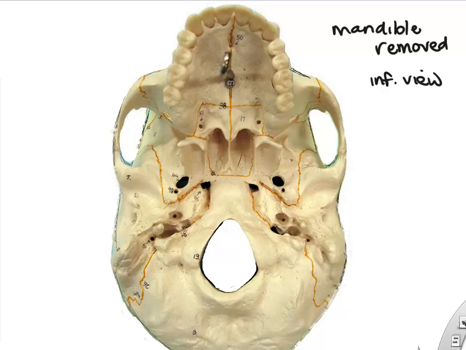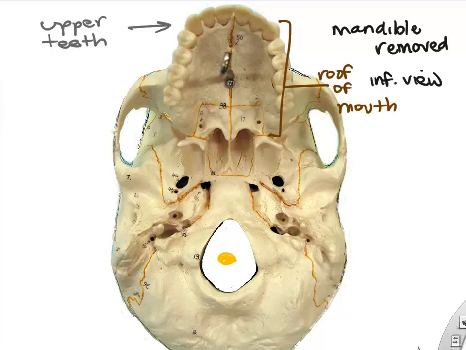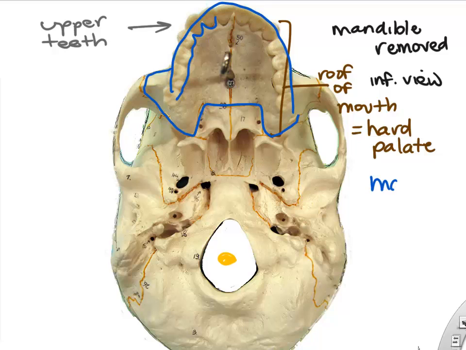If we look at this inferior view again of our skull and we remove the mandible, we can see where our upper teeth are attached. That roof of our mouth is called the hard palate. So again, we're looking at the upper teeth there. That hard palate, or the solid roof of your mouth, is made of bone. Most of it is made of the maxilla.